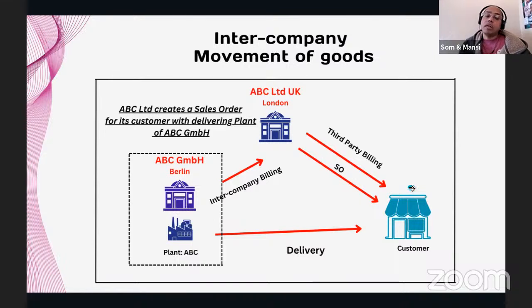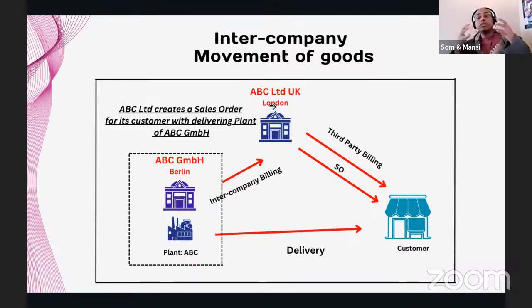Then what would this legal entity do? They issue an intercompany billing document. This is where the intercompany transaction happens. They will raise a billing document and invoice, saying: we delivered the product for your customer, because you are two different legal entities.